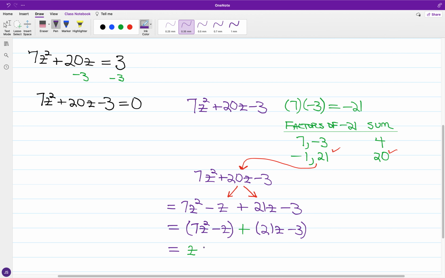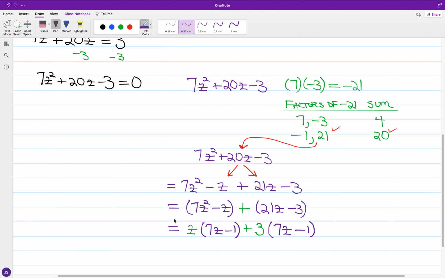and taking 7z squared minus z and dividing by z, we come out to 7z minus 1, and bringing down the plus. Now the highest term that will go into both 21z and negative 3, that is going to be 3. And 3 into 21z minus 3, this would be 7z minus 1.